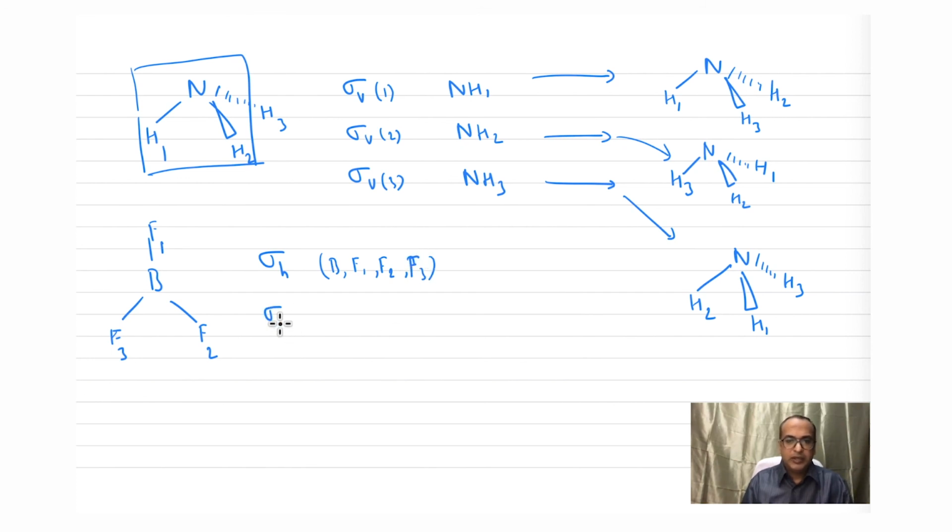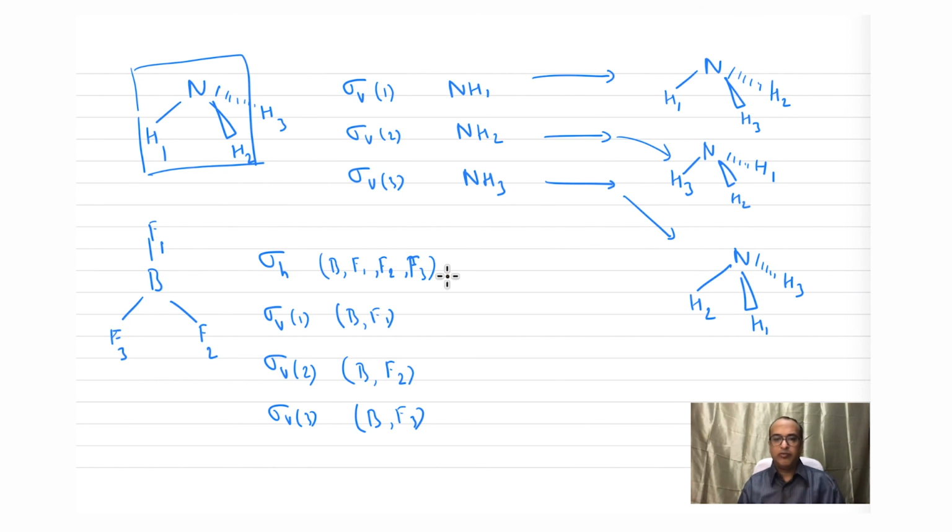Then we have sigma v1, which contains B and F1, right? Then sigma v2, which contains B and F2, and sigma v3, which contains B and F3. So you should now be able to carry out operations for all these sigmas and see what you get.